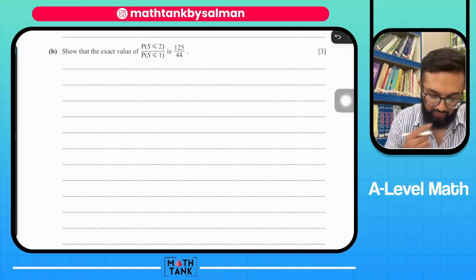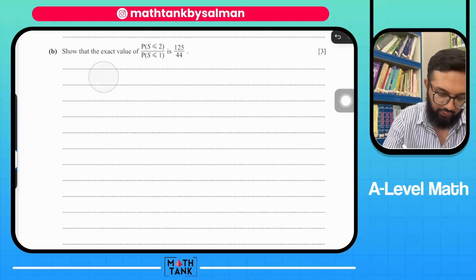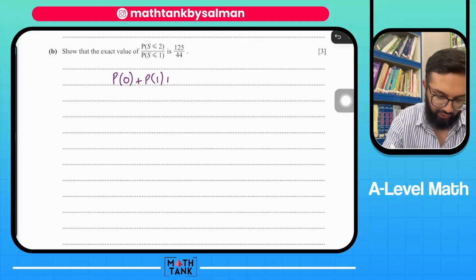Then show that the exact value of this is 125 over 44. So e power minus lambda. Let's first write down probability of 0, 1, and 2.